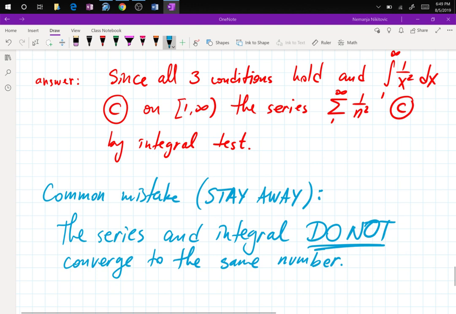Boom, converges at the end, move to the next problem. But I did say troll question. One of the three conditions didn't hold, so 100% of what was written is garbage, right? You cannot use integral test at all if one of the three conditions fail. You can try something else instead if it's possible, but if it's not, then you can just cry.